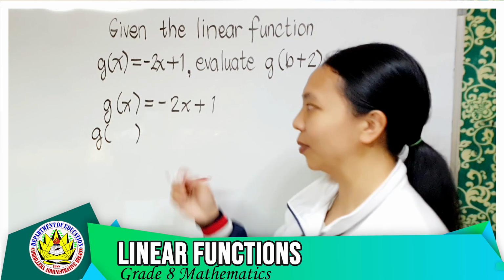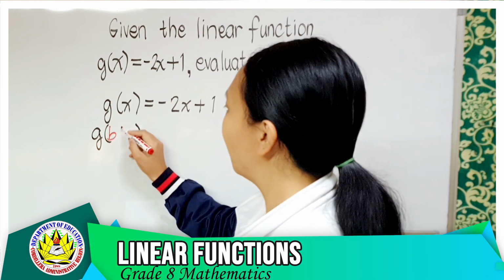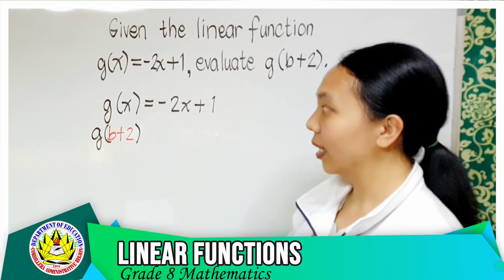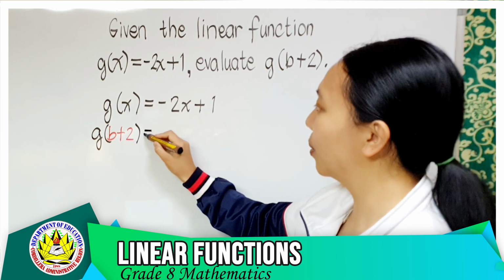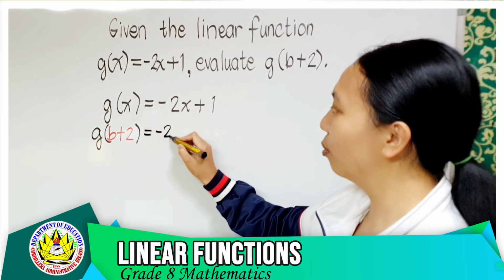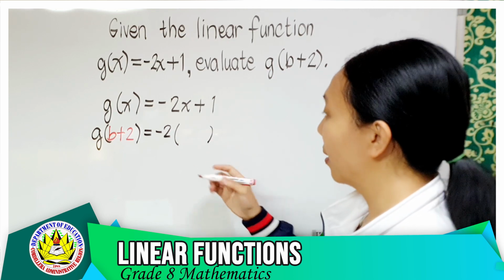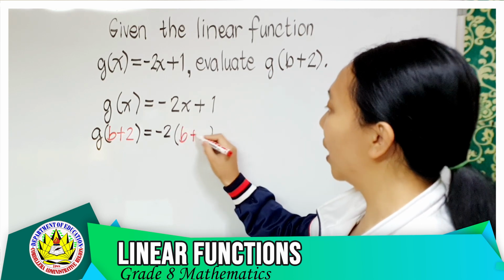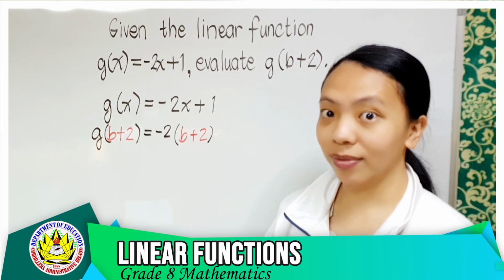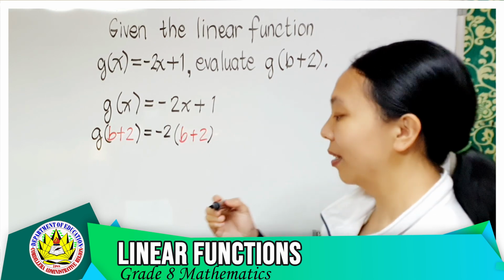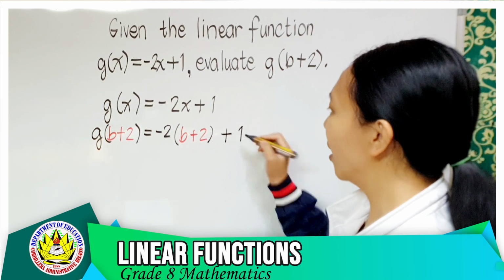B plus 2. G of b plus 2 is equal to negative 2 times the quantity b plus 2, don't forget the plus 1, plus 1.